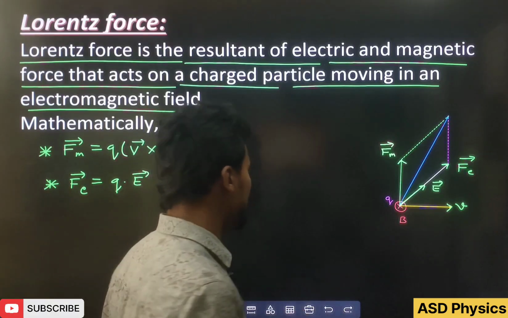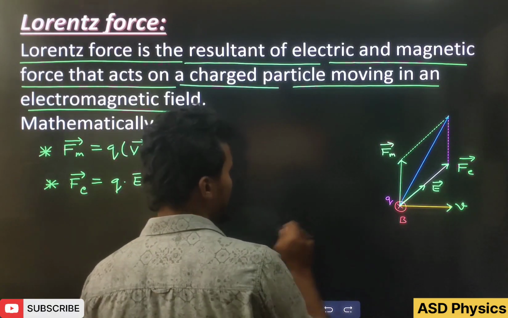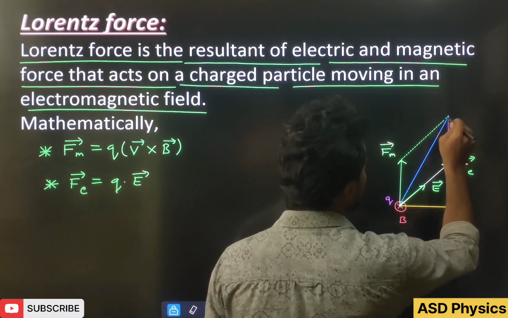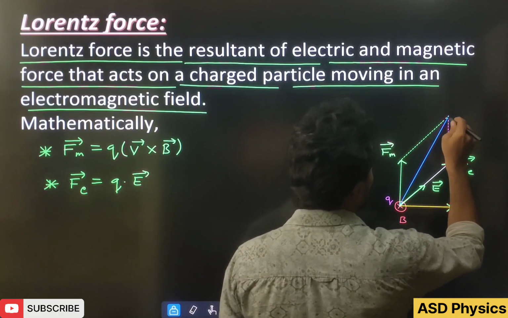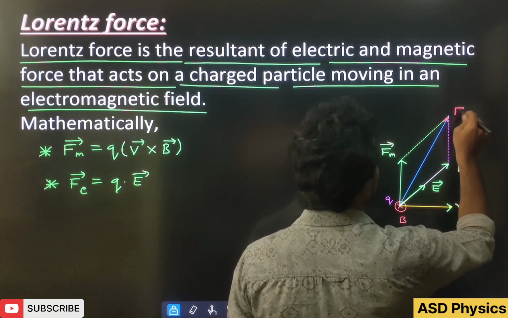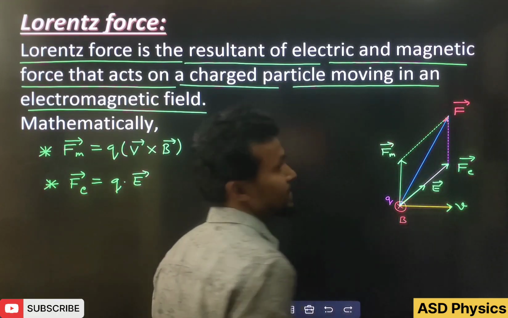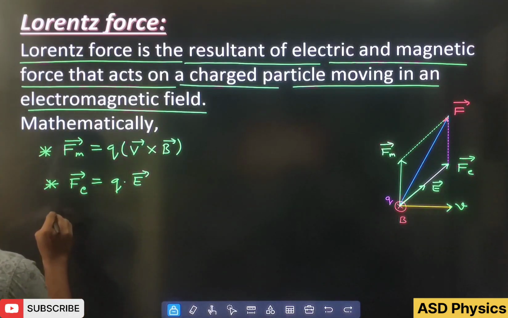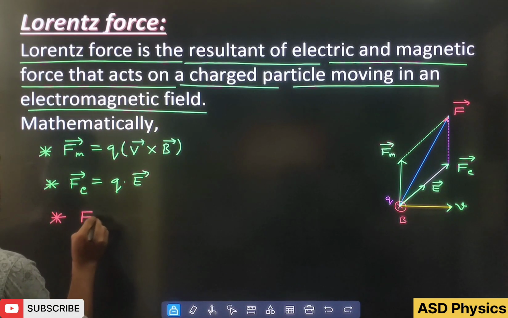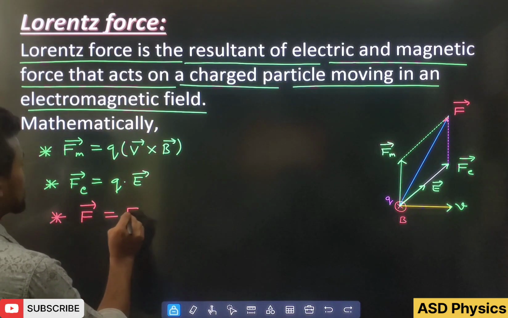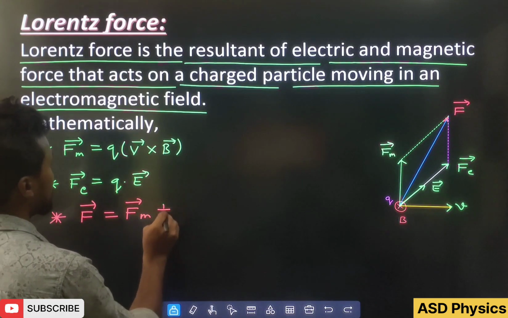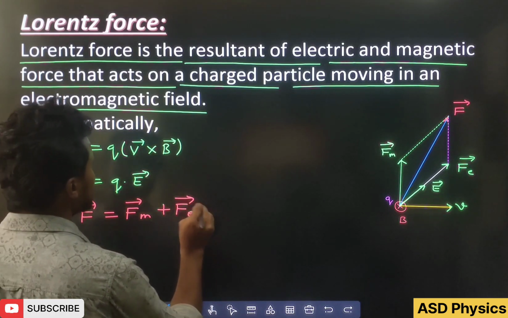Now the resultant of Fm and Fe, this is Fm, this is Fe, this is one parallelogram. So here we can tell this is the resultant force. I am writing here F. We can write this is called the Lorentz force. So this vector F, I can write as Fm magnetic force plus the electrostatic force.